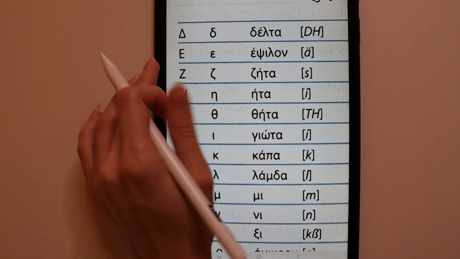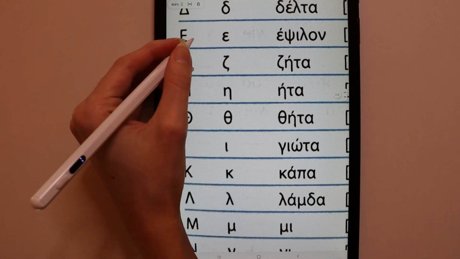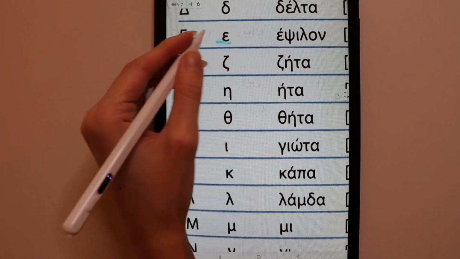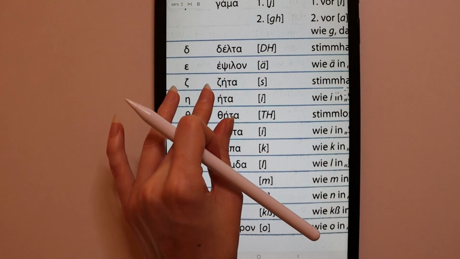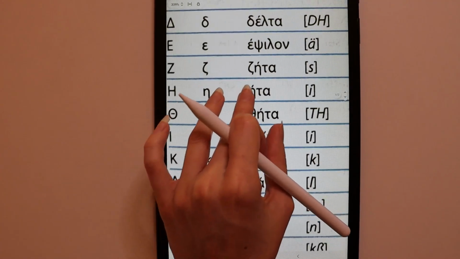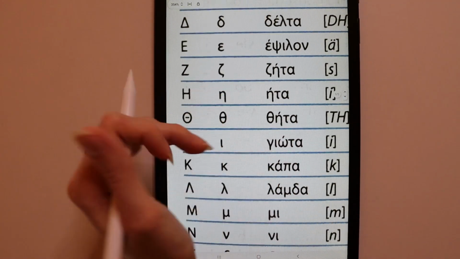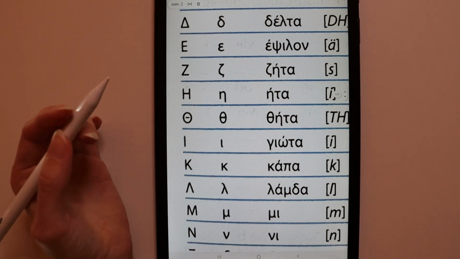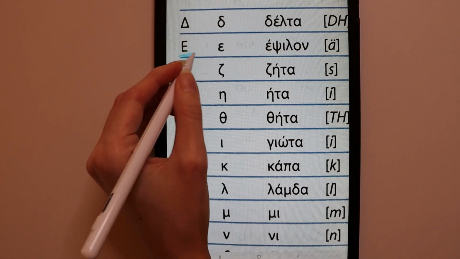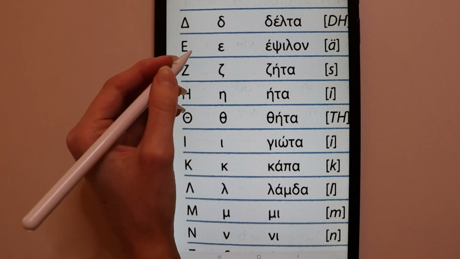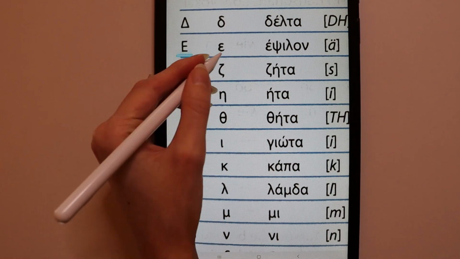And then we have Epsilon. Epsilon looks like an E in English, and it's an E sound, kind of. It's not really E, but epsilon.